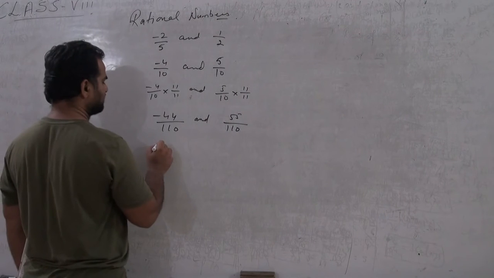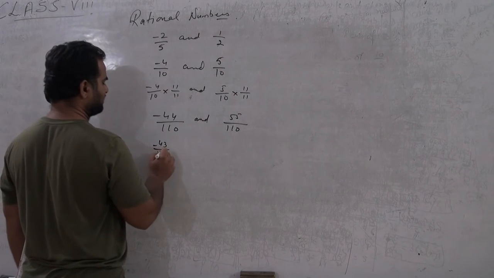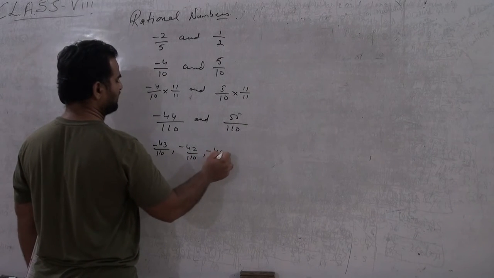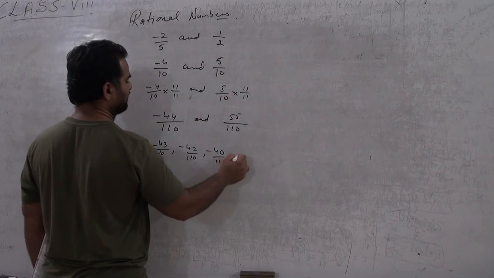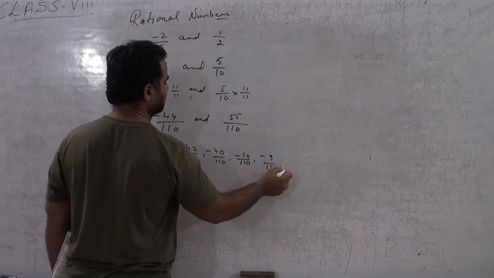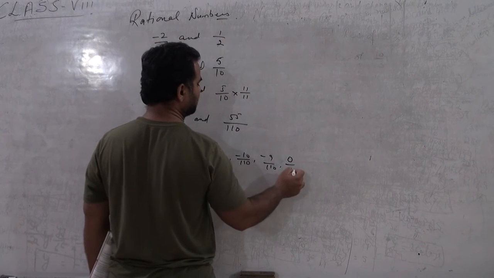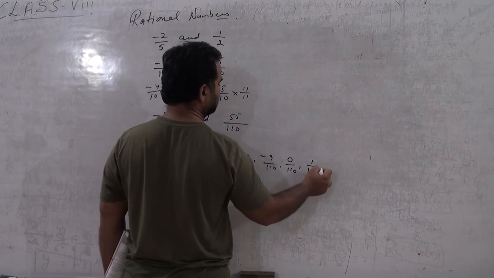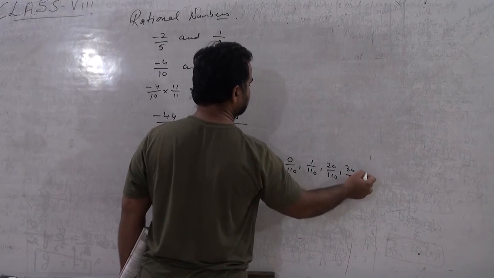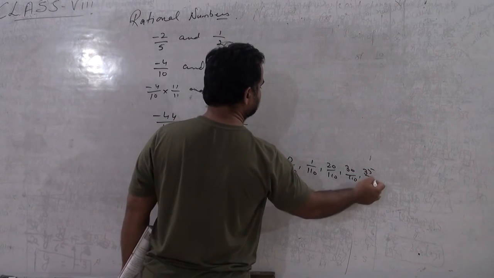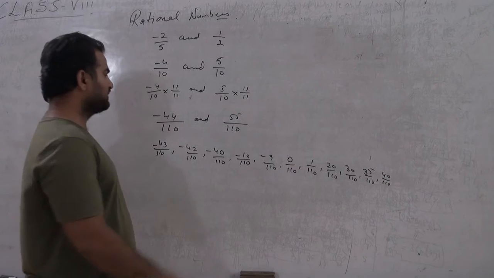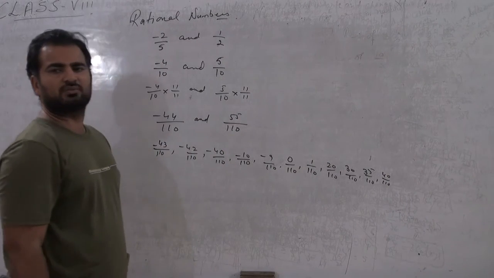It will be minus 43 by 110, minus 42 by 110, minus 40 by 110, minus 10 upon 110, minus 9 upon 110, 0 upon 110, 1 upon 110, 20 upon 110, 30 upon 110, 35 upon 110, 40 by 110. All of these are between these two rational numbers.